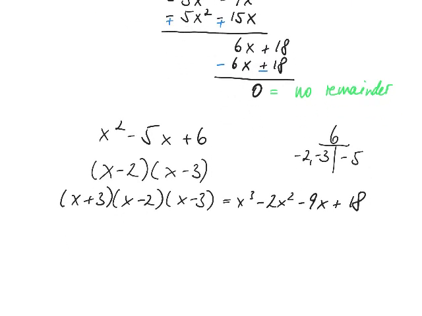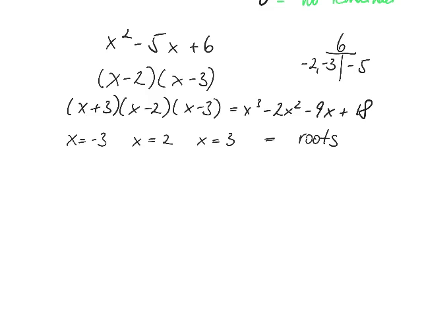So what it also means is, if these three are factors, that means that x equals minus 3, x equals 2, and x equals 3 are roots of the equation, i.e. on these points the equation crosses the x-axis.